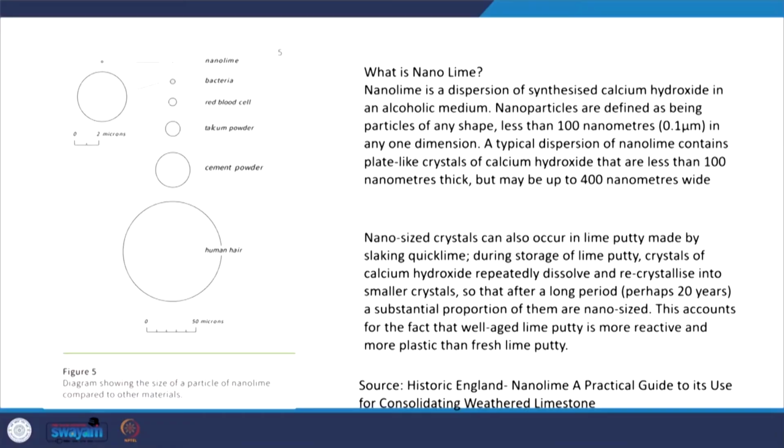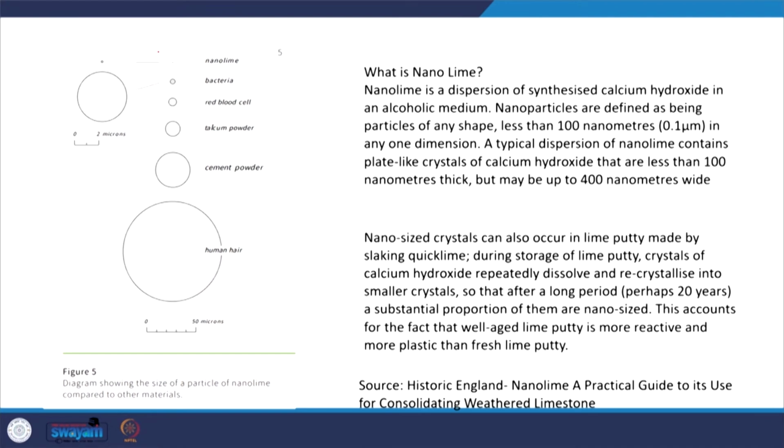So what is nano-lime? Nano-lime is a dispersion of synthesized calcium hydroxide in an alcoholic medium. If you consider the human hair and the cement powder, you can see the proportion of these nanoparticles. They are particles of any shape which are less than 100 nanometers, even smaller than the size of bacteria.